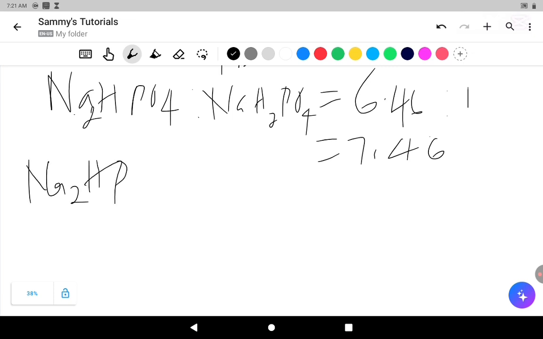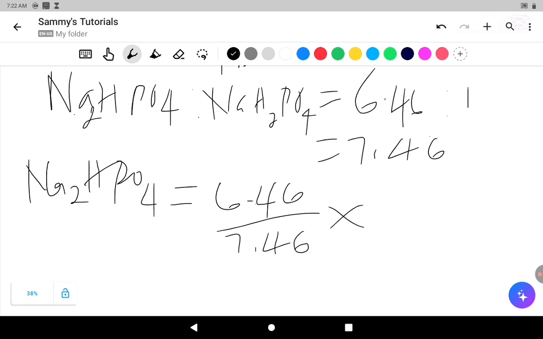Na2HPO4, right? Its ratio here is 6.46, so you have 6.46 all over the total ratio, which is 7.46, times the total concentration, which is 0.04.